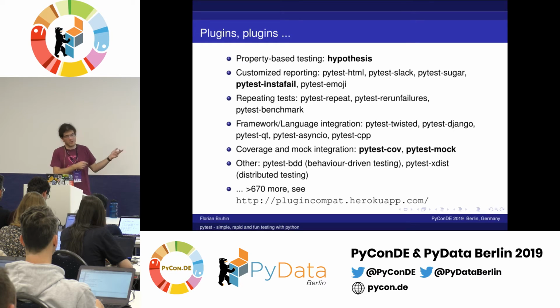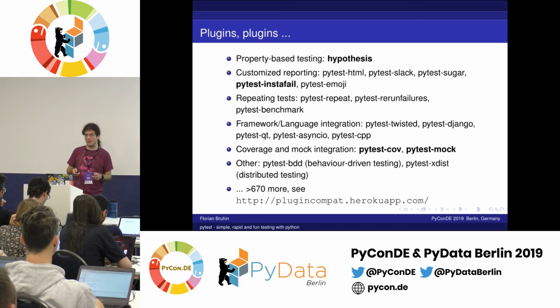As I said, there are integrations in all kinds of frameworks. There are integrations for the coverage and the mock library, which can also be quite useful. Coverage gives you an overview of what part of your code is run by your tests and what part isn't, so it can give you an idea of what needs more testing. And yeah, lots more.